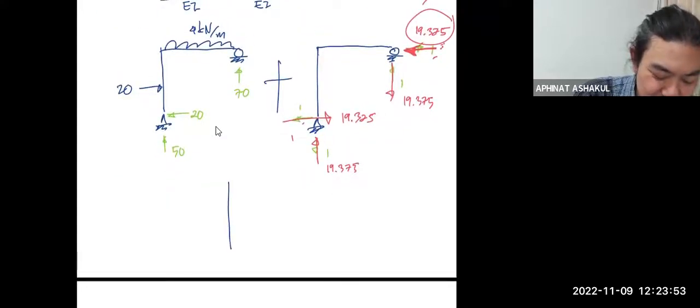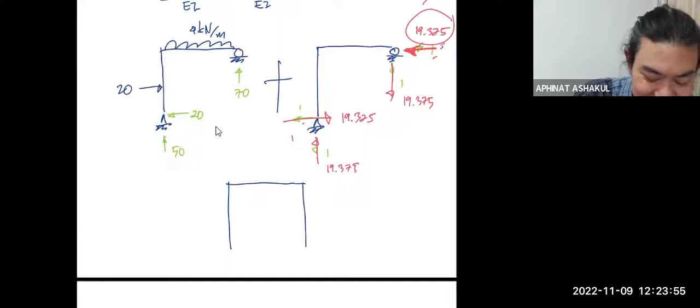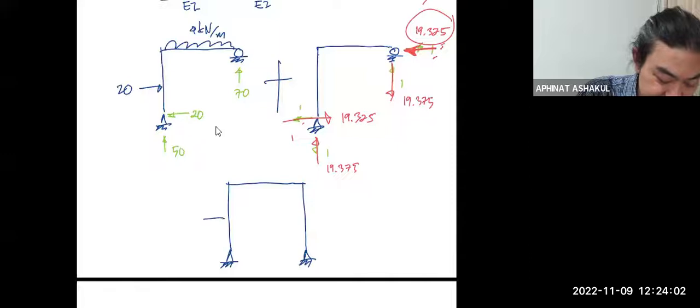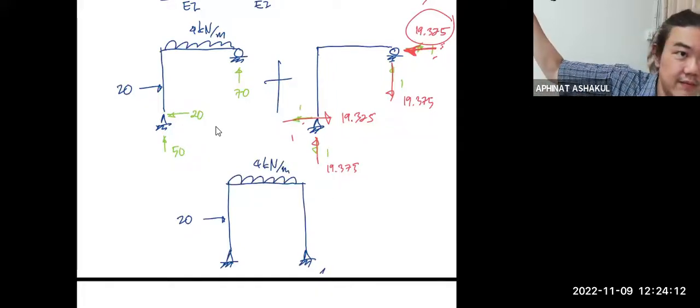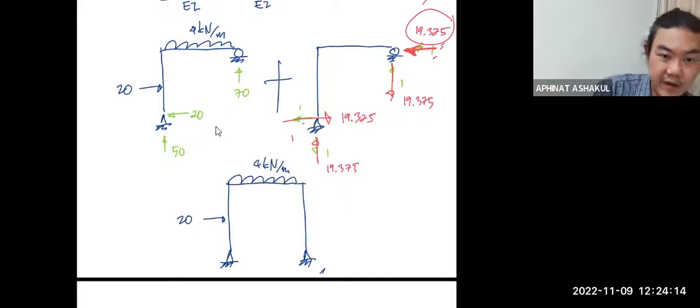So now I have my system, the true system, with this and that, 20 and that. Notice that I now have two hinges on the latest drawing because I have added the second case.